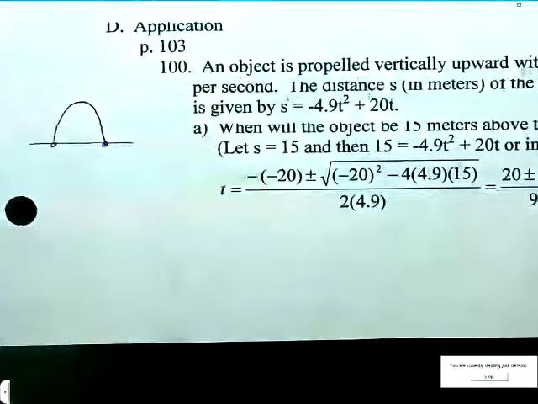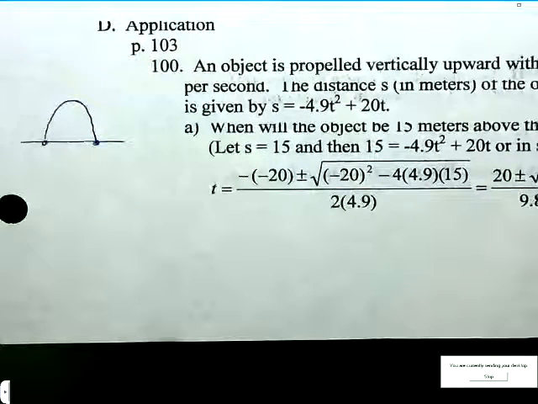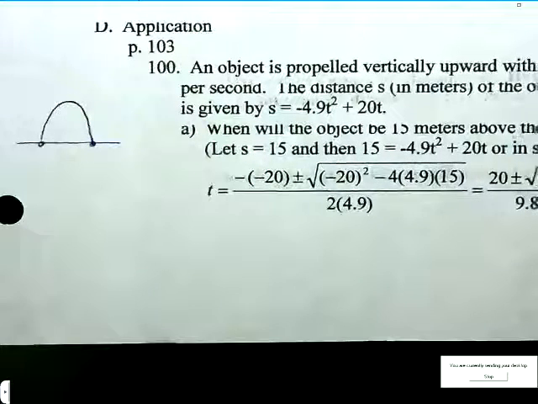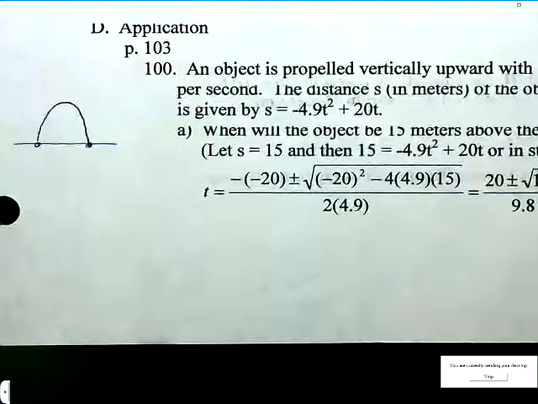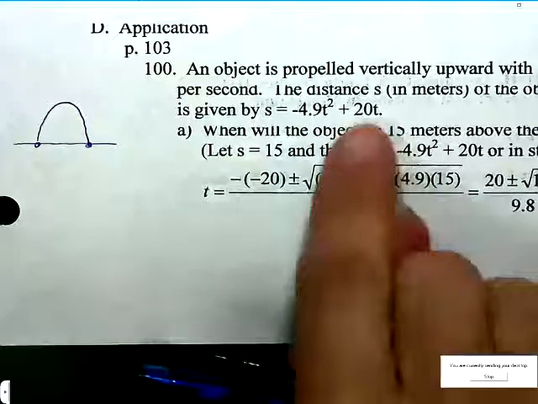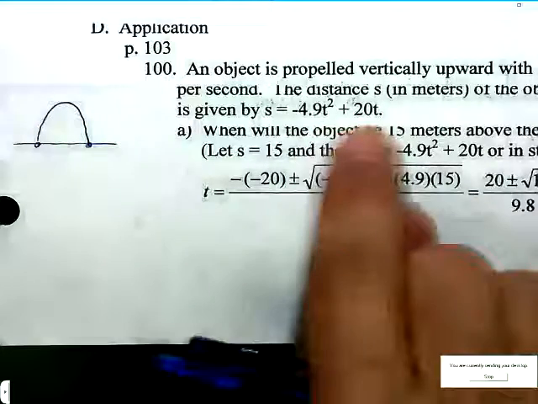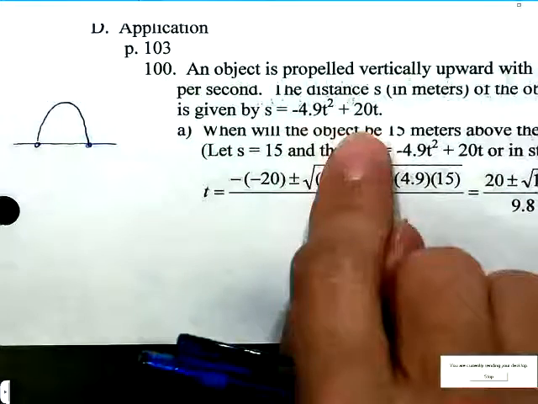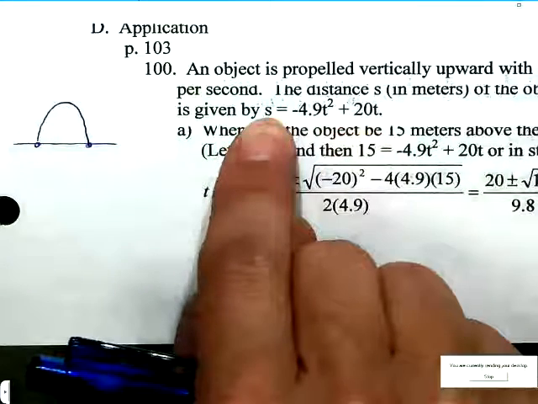If I had a different question, if I wanted to know how high is this object in 2 seconds, how would I find that out? That's what the T stands for, time. The time since tossed or time since cannon fired, whatever it is. T is the number of seconds, so if I put 2 in the place of T and just punched it on the calculator, S would be my answer.